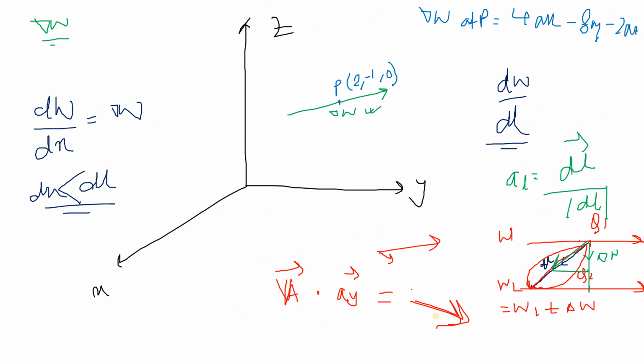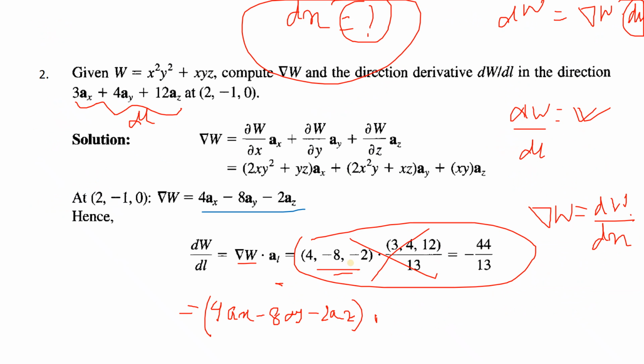You take the dot product. Now unit vector l, what is unit vector l? It is the vector dl by mod of dl. What is vector dl? This one: 3 unit vector x plus 4 unit vector y plus 12 unit vector z. Then the mod of that. So what is the mod value of this?